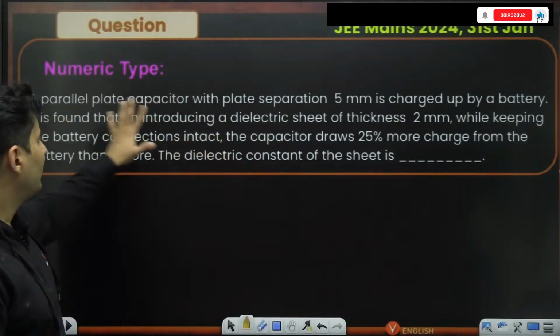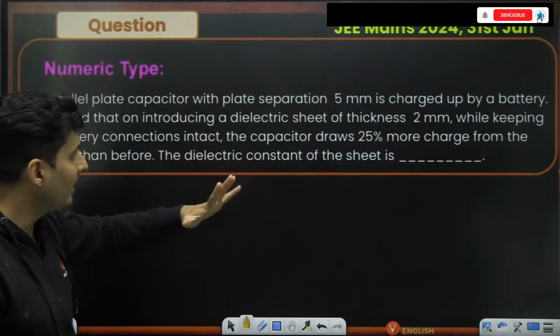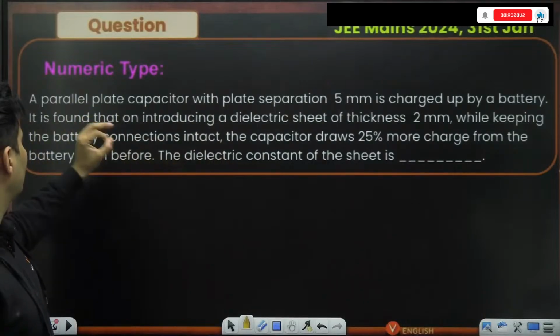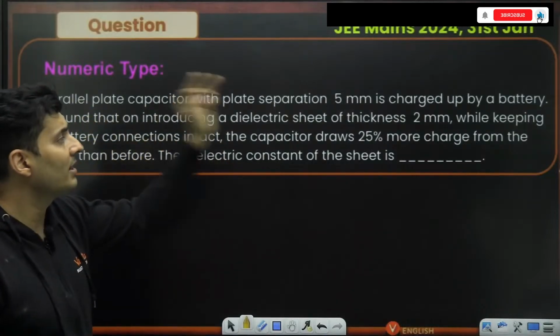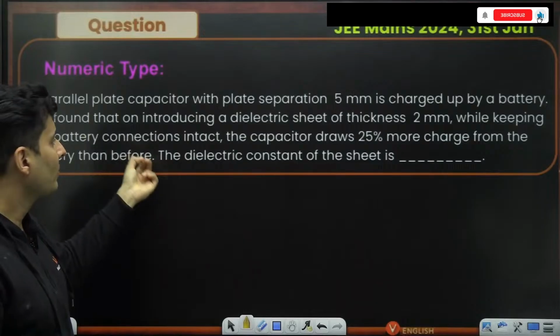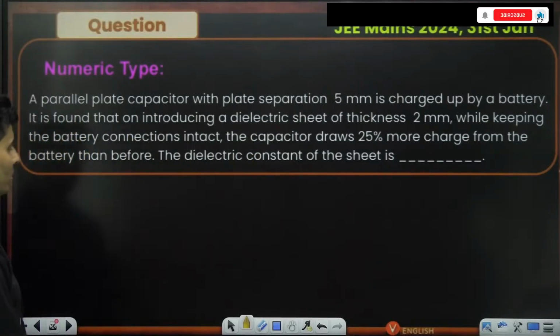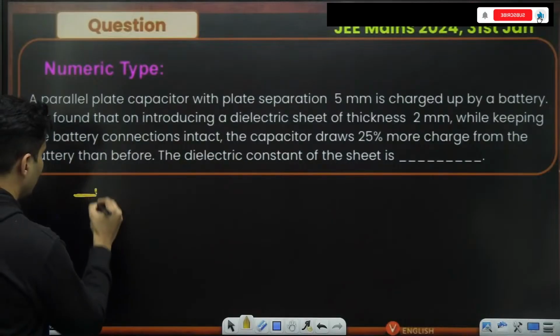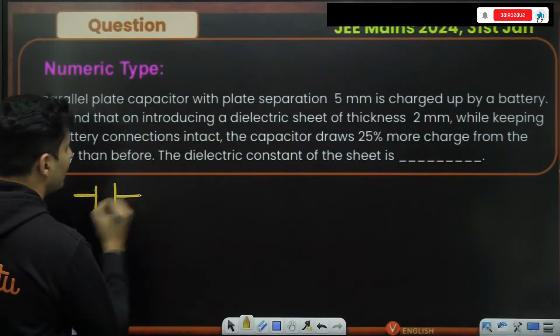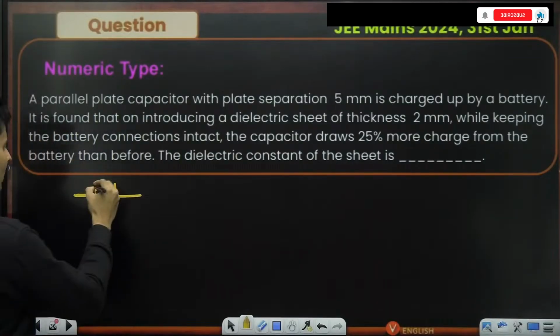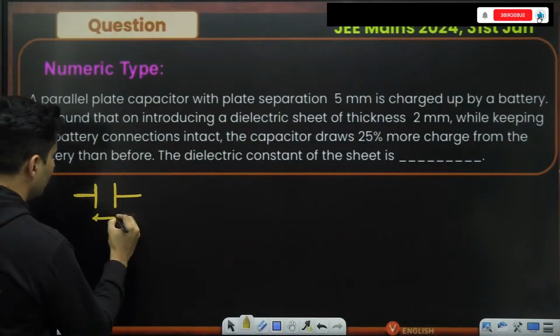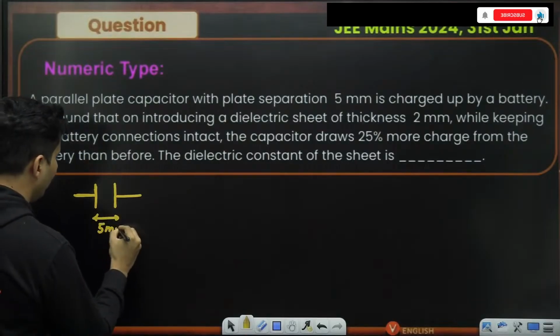So, a parallel plate capacitor with separation 5 is charged by a battery. It is found that on introducing some dielectric sheet, it takes 25% more charge from the battery as compared to before. Initially you have a capacitor, and let's say this distance is given to be 5 millimeters.